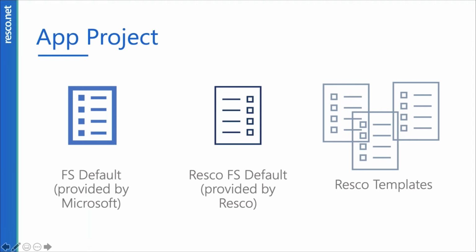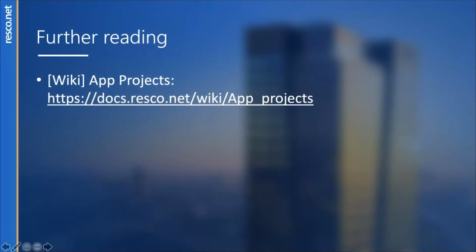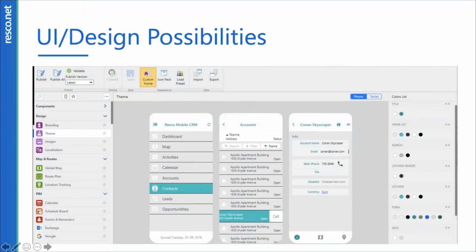So it would be things like extended project, very simple one, a project for inspectors, etc. If you're interested in finding out more about the application projects, we have a great resource called Resco Wikipedia, or Resco Wiki, and part of it is a whole chapter that focuses on application projects.